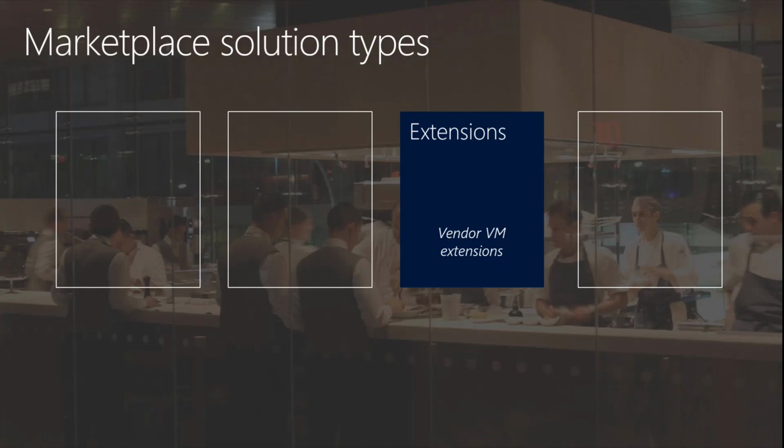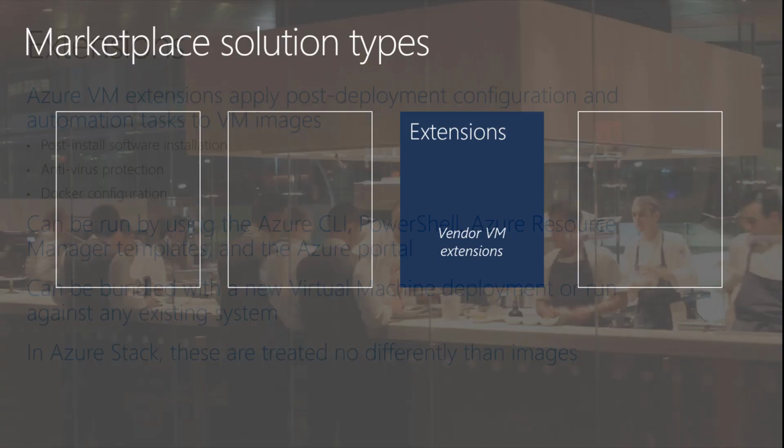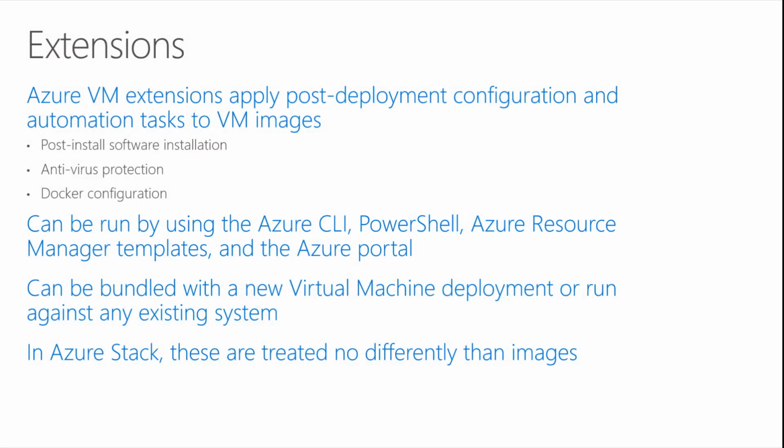Marketplace solution types. Let's talk a little bit more about extensions. We briefly touched on this, but this is a conversation I have with customers and the Microsoft product group and engineering. They use this term in one of their great documents.